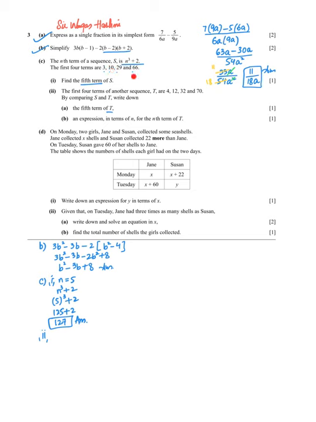For the second term, 10 and 12, the difference is 2. For the third term, 29 and 32, the difference is 3. For the fourth term, the difference is 4. And for the fifth term, the difference will be 5. So we need to add 5 to 127, and that leads to 132. That is your answer of the second part.